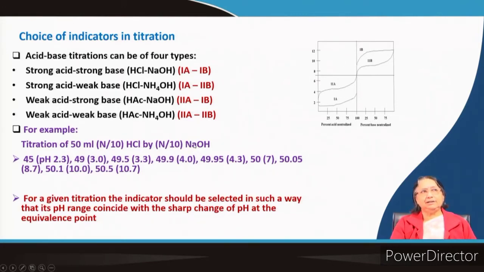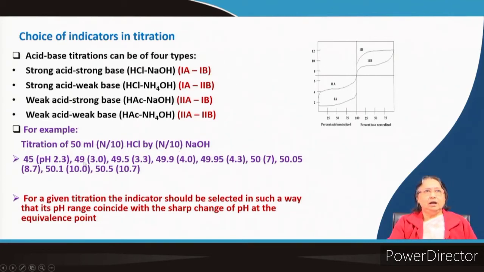Then you have started your titration. Say for example, when you have added 45 milliliter of NaOH, basically the neutralization point should come when you add 50 milliliter of NaOH, because you have taken 50 milliliter of HCl and the strength is the same.